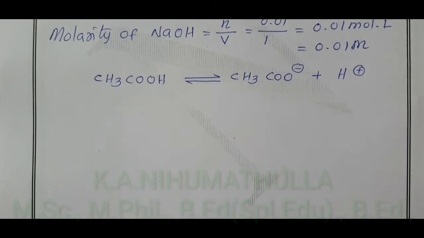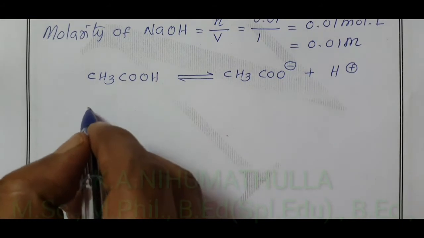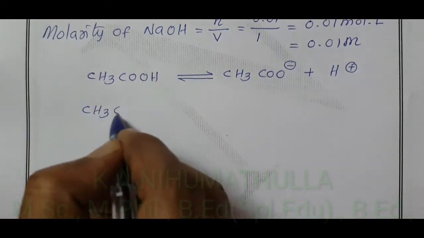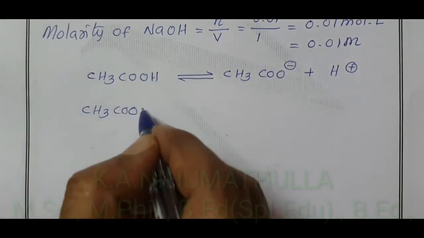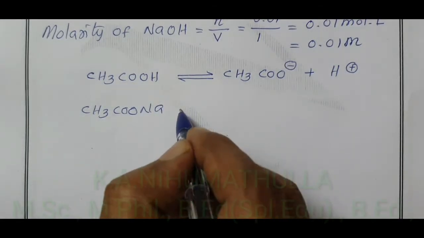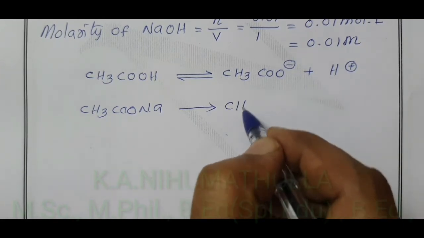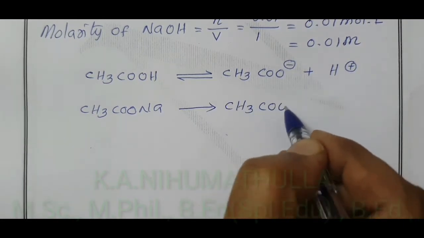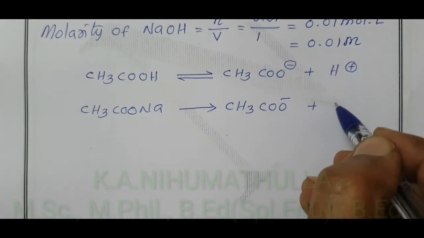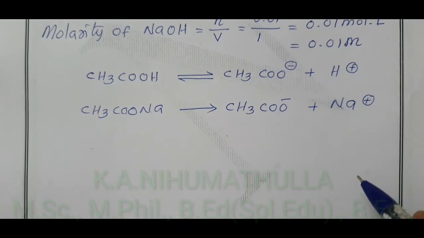The salt of acetic acid is sodium acetate, CH3COONa. All salts are strong electrolytes and undergo complete ionization, giving CH3COO minus and Na plus ion, acetate ion and sodium ion.